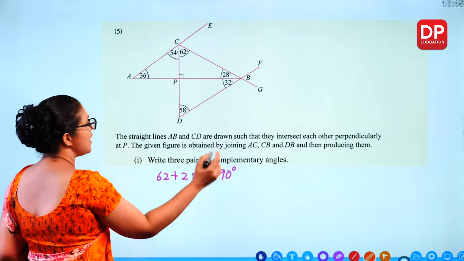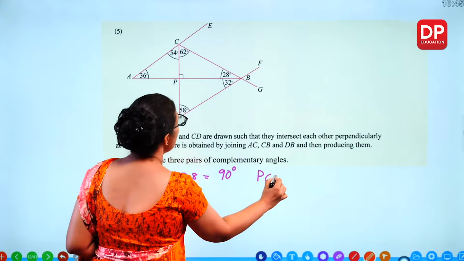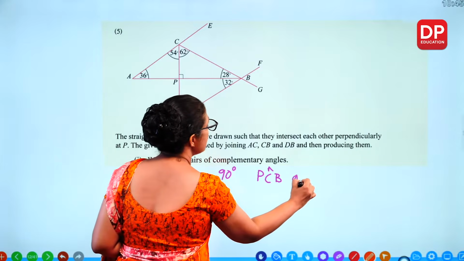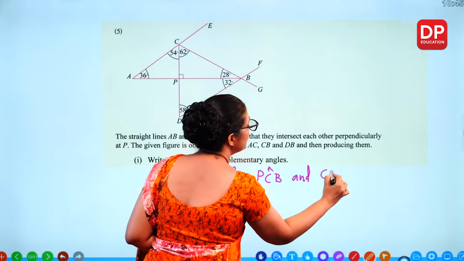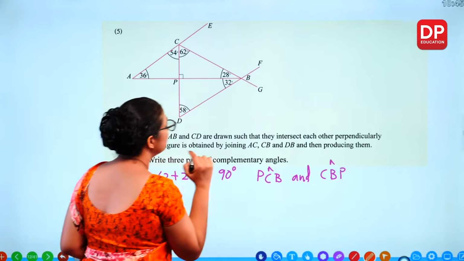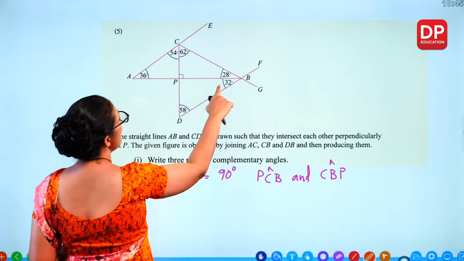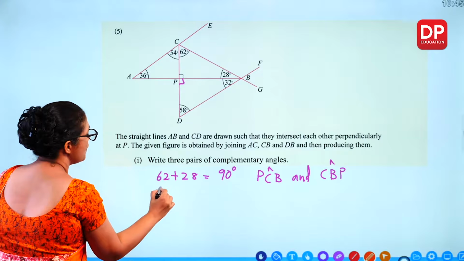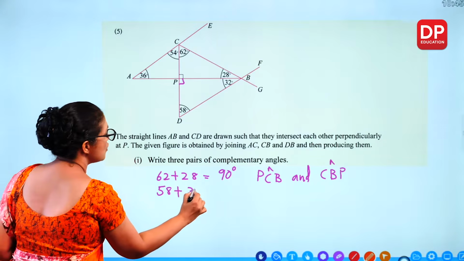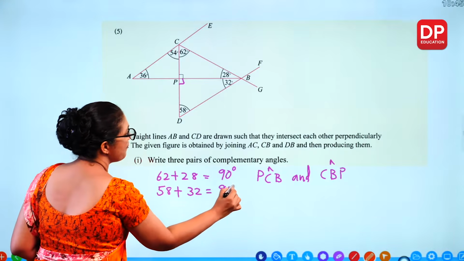So how do you write down the angle? PCB and this angle, CBP. Now when you add these two also, because this is 90, you get 90 degrees. So 58 plus 32, also 90.